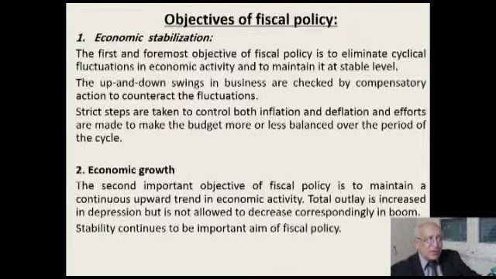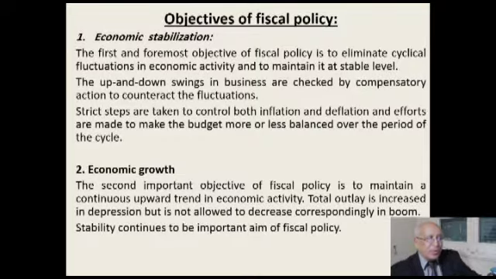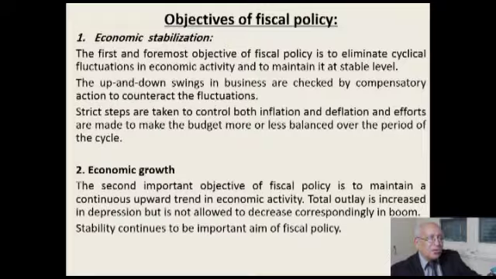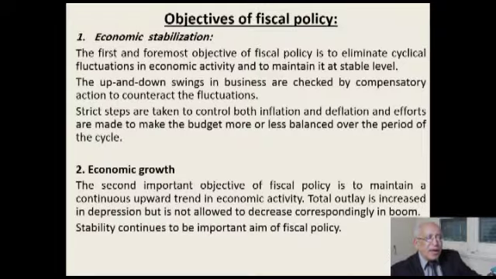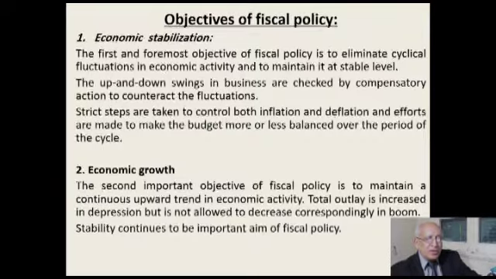The up and down swings in business fluctuations are checked by compensatory action to counteract the fluctuation. Strict steps are taken to control both inflation and deflation, and efforts are made to make the budget more or less balanced over the period of cycles.